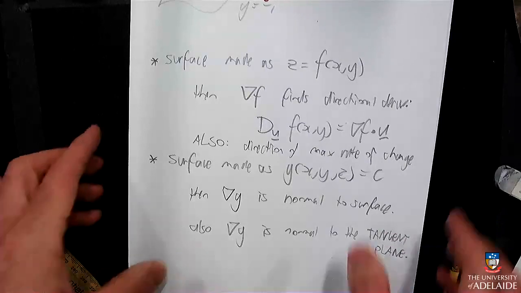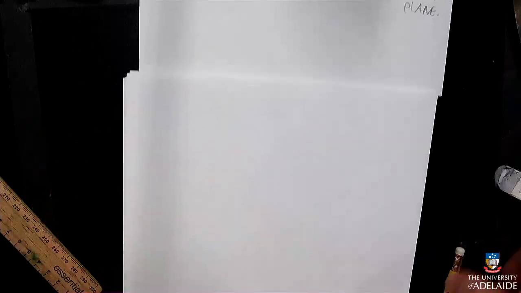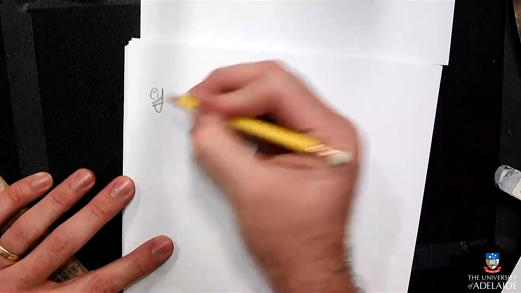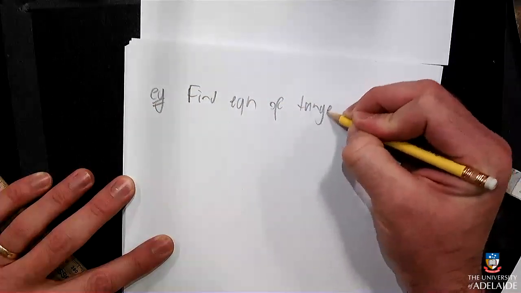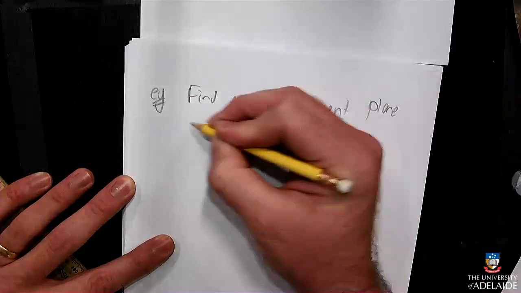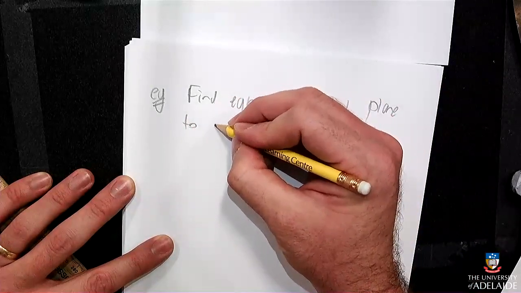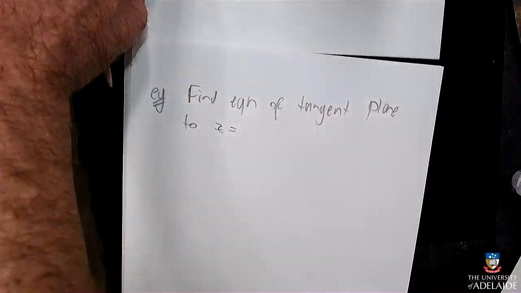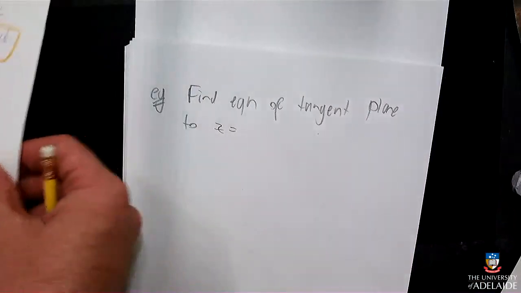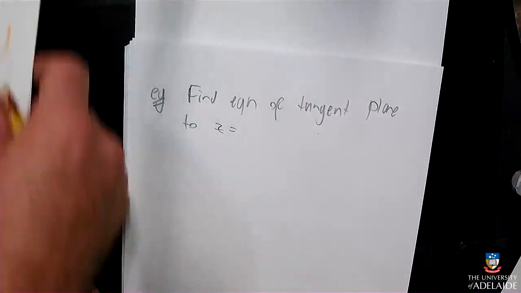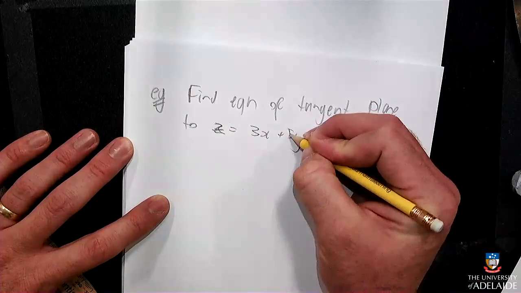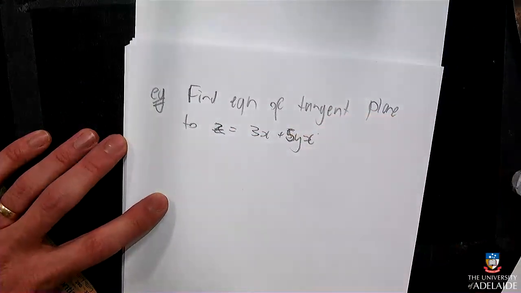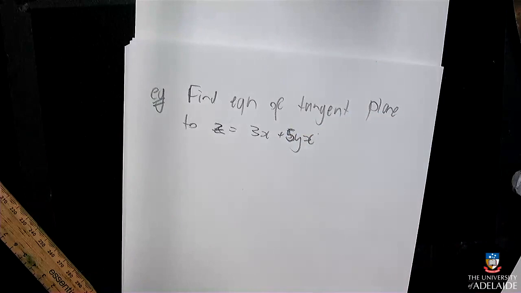So, let me do an example of doing that. Find the equation of the tangent plane to z equals, let's do a simpler one, 3x plus 5yx.